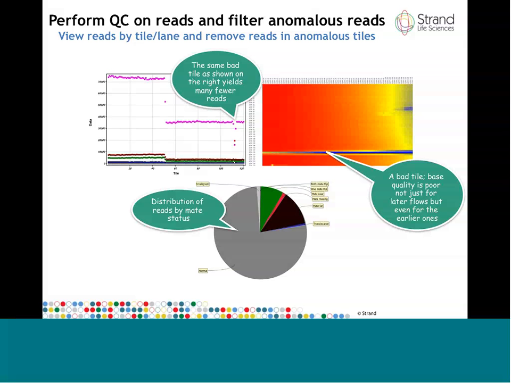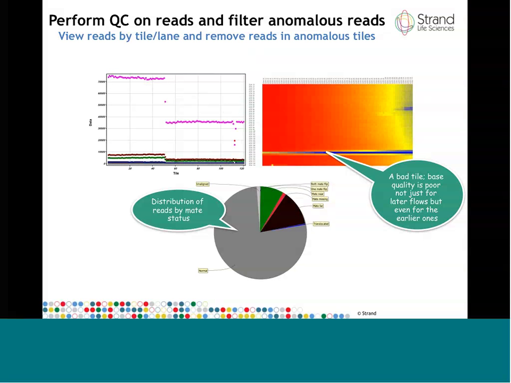If you see a lot of mate missing reads, that immediately tells you that something went wrong in the alignment, and that you might want to align again with different parameters. If you see very few normal reads and a lot of aberrant reads, aberrant meaning mate near, mate missing, mate far, etc., again, either something has gone wrong in the alignment or something has gone wrong in the data generation.